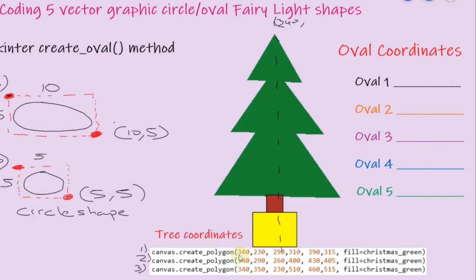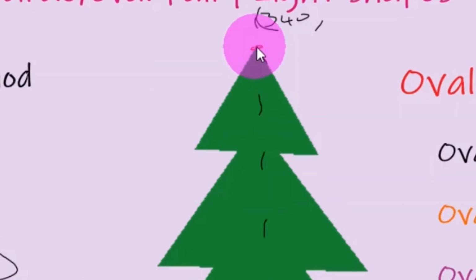Now, we can start to plot this first. So up here, I'm going to do it in red, we can definitely see that this first coordinate, this first vertex is 340 by 230.